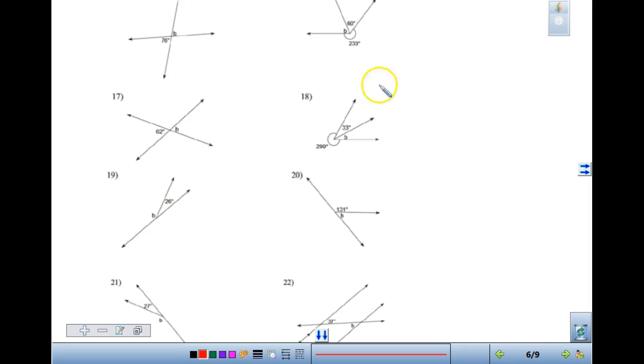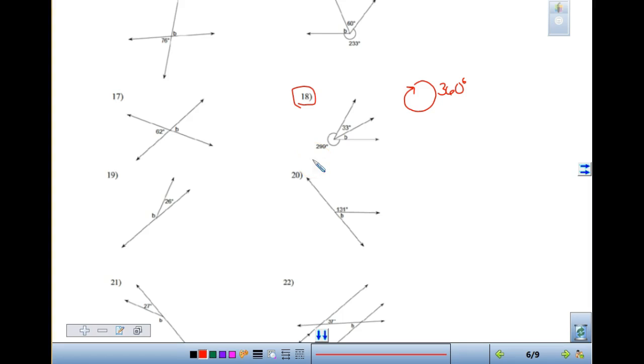I want you to look at number 18. People are saying, wait, I can't do number 18. What I want you to think is that if you go all the way around, we are talking about 360 degrees, right? So in your book, I believe it's easier to see.